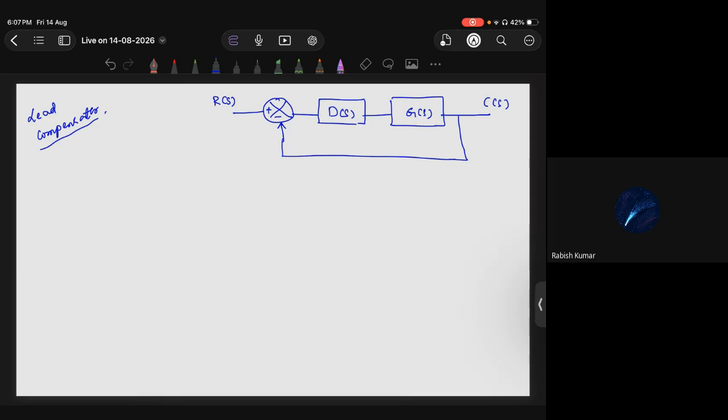Suppose G of S is 25 by S into S plus 1, into S plus 5.